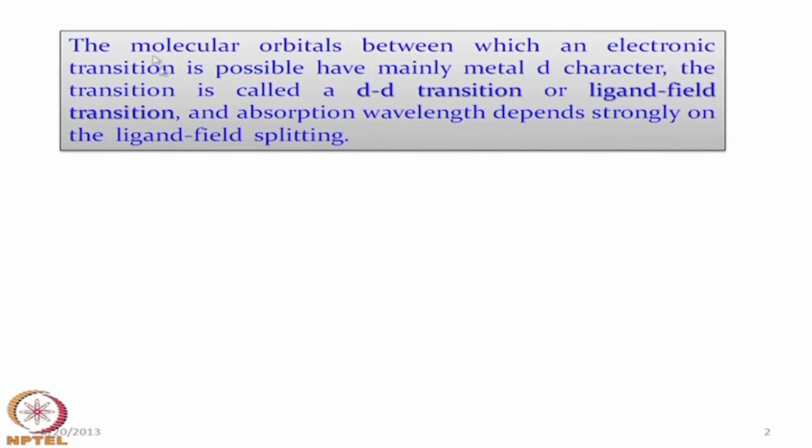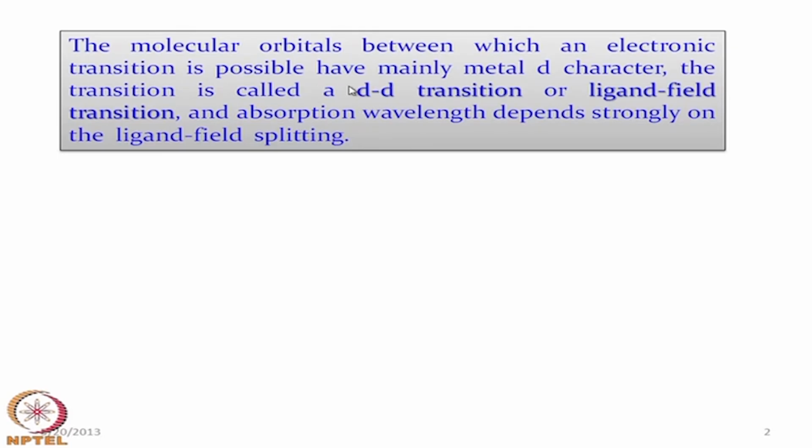So, the molecular orbitals which are involved for these electronic transitions are possible to have mainly metal d character. So, if we have the corresponding orbitals which are involved for the corresponding transitions, we can have the transitions known as d-d transition or ligand field transition. So, we have the ligand field, and the ligand field is responsible for the splitting of the different d levels.